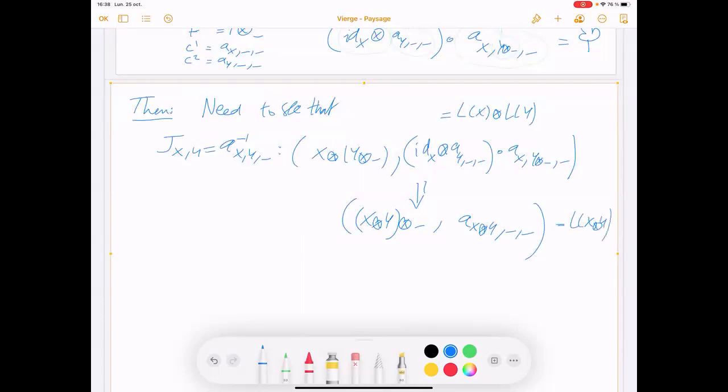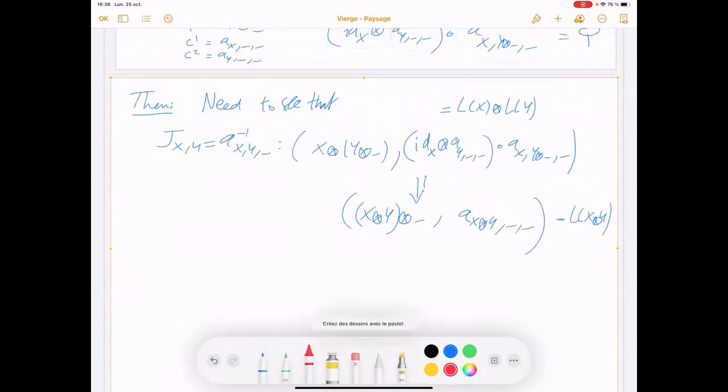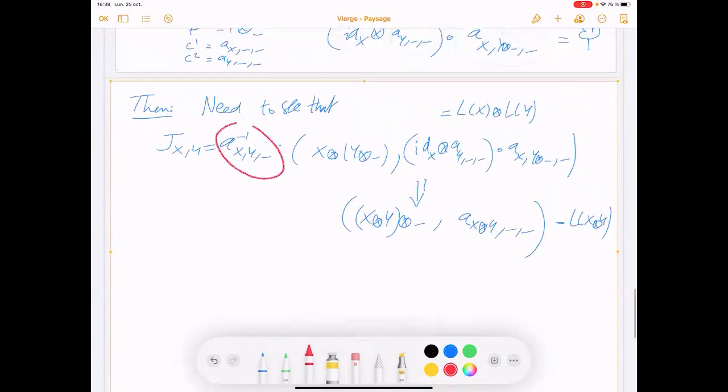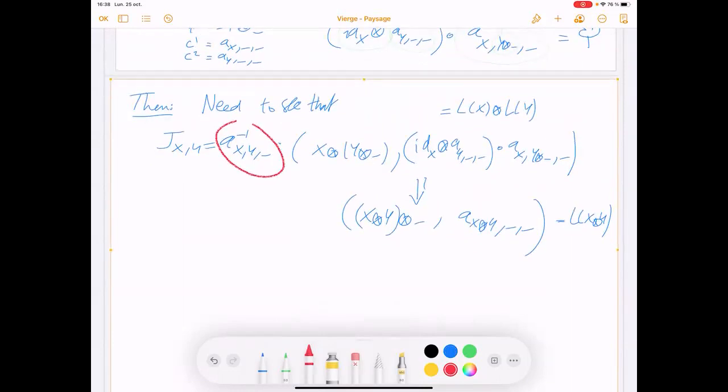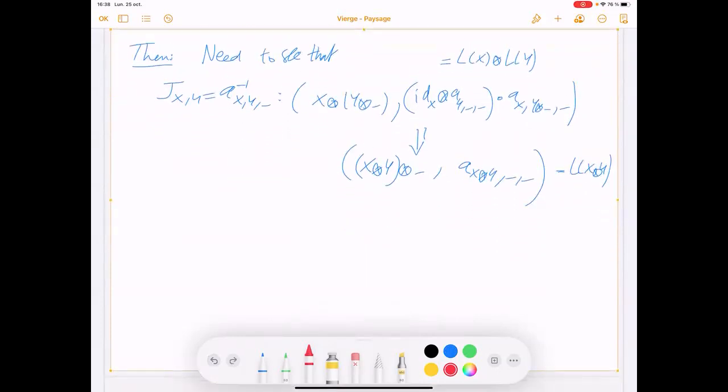Okay. So we need to see that this works for a map from this object to this object. So it works for this to this, because this is exactly the inverse of the associativity constraint here. And this is exact by definition. So we need to see that this is okay for that, from that to that.